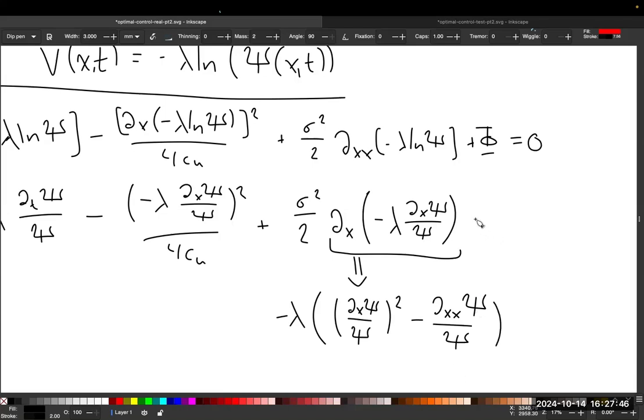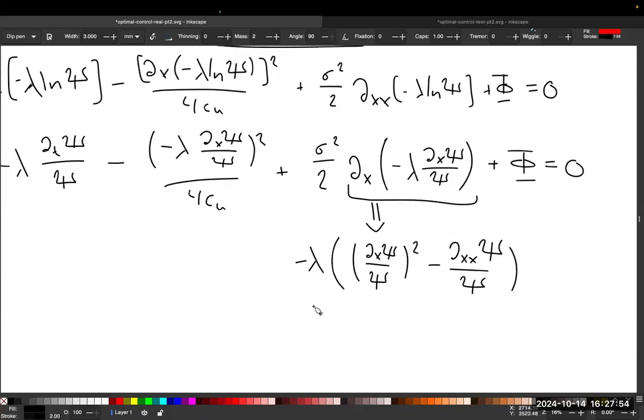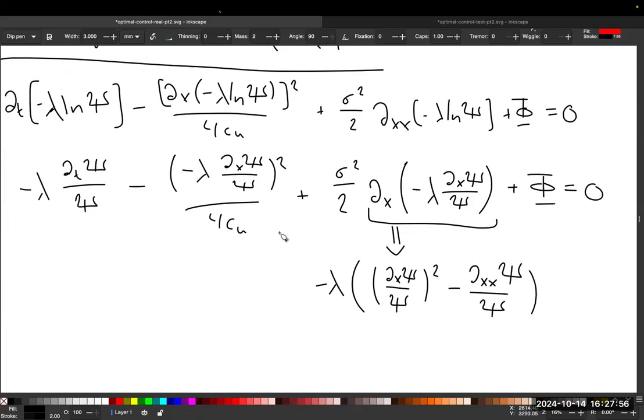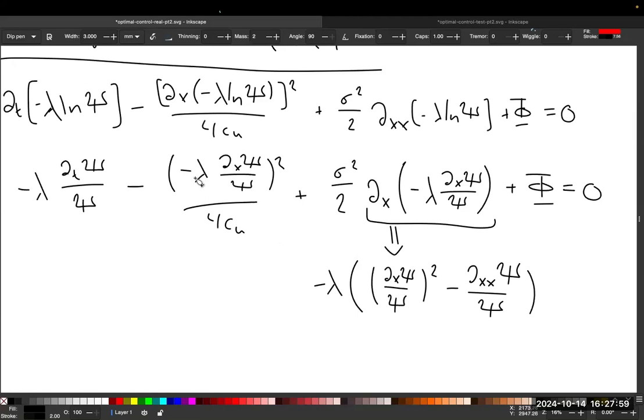So hopefully good with that. And our phi here. Now we have two separate terms. One of them is quadratic in lambda, and one of them has just lambda as a multiple. But we have two terms that are nonlinear, that are quadratic: this term over here, and this term over here.